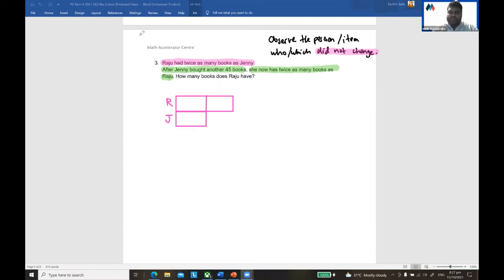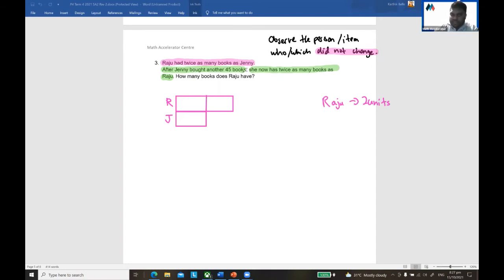Yeah, most of you are correct. So now, you know that Raju did not change. Okay, so I'm going to write down here as Raju. He had 2 units. So read carefully. If after Jenny bought another 45 books, she now has twice as many books as Raju, right?